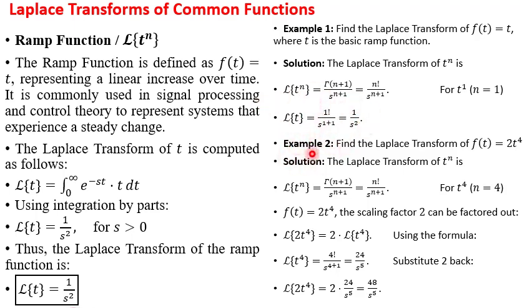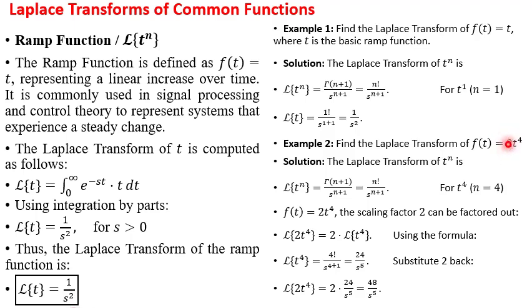Now the second example, let's look at determining the Laplace transform of f of t equals to t raised to power 4. So this constant here, we treat it as a constant.